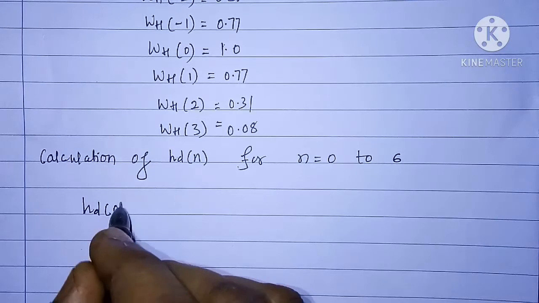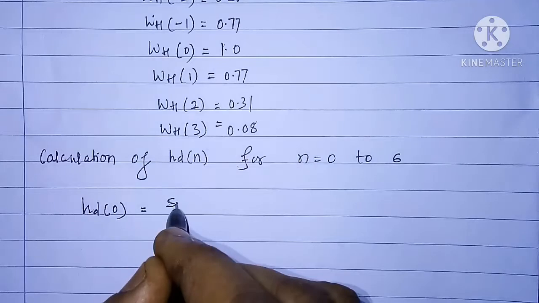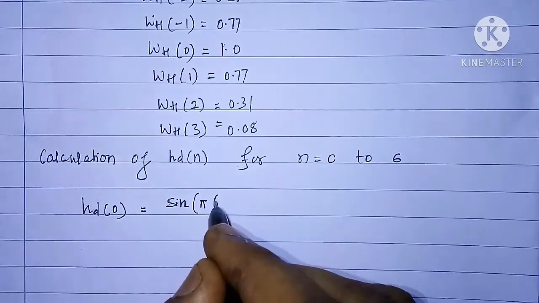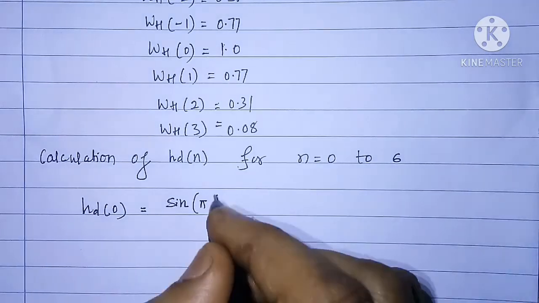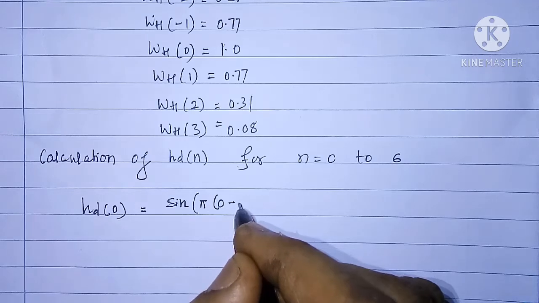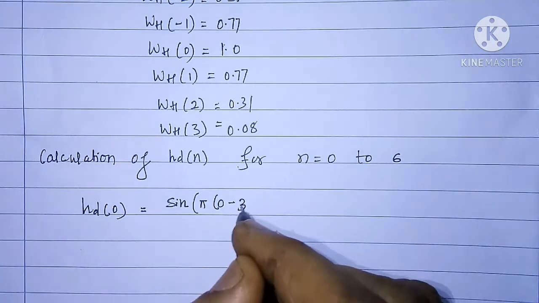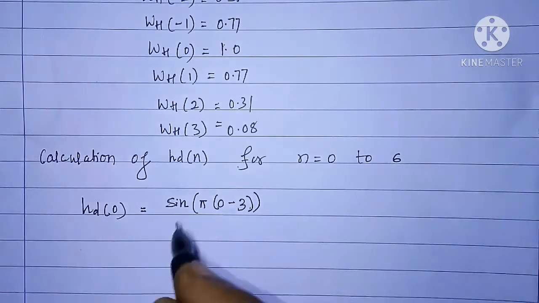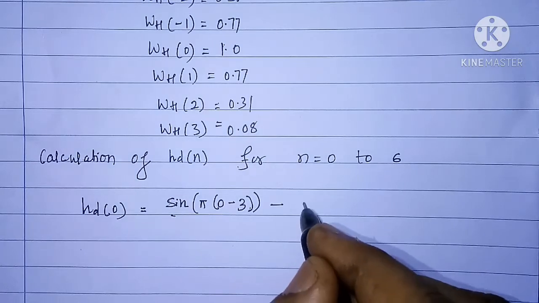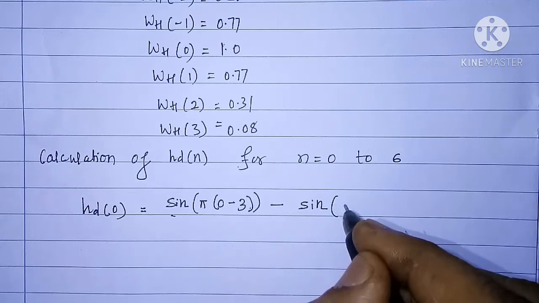HD of 0 is equal to sine of pi into, in place of n we have to put 0, in place of alpha we have to put 3, minus sine of omega c.